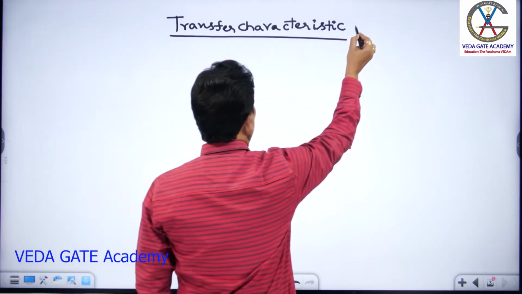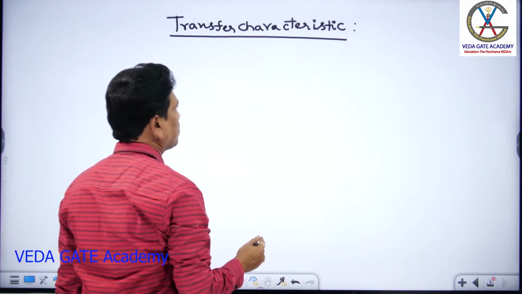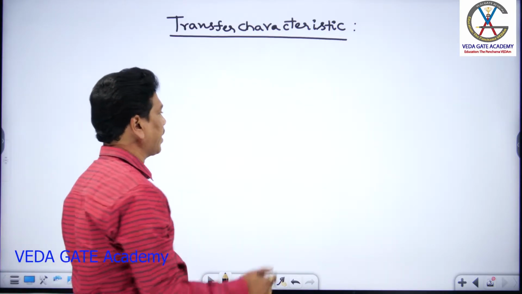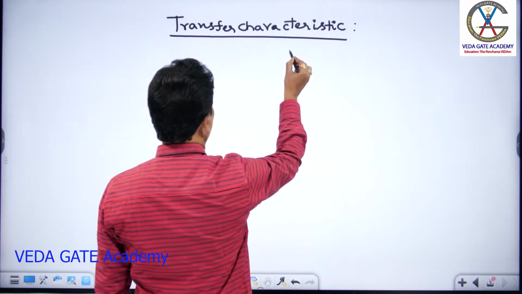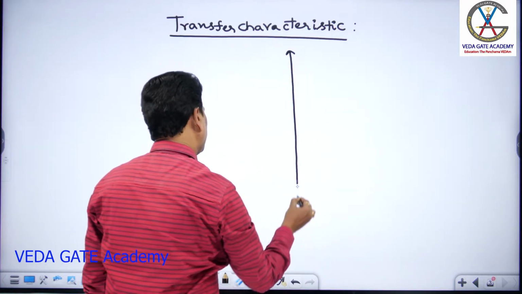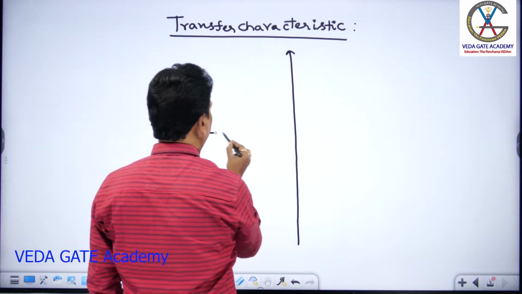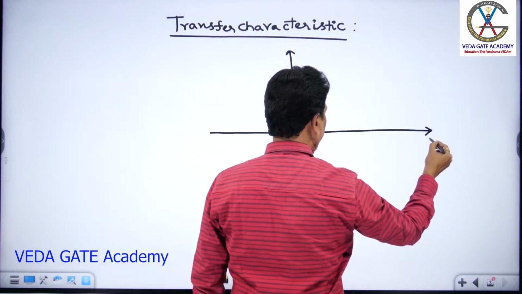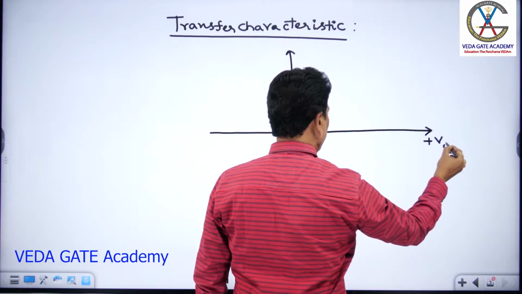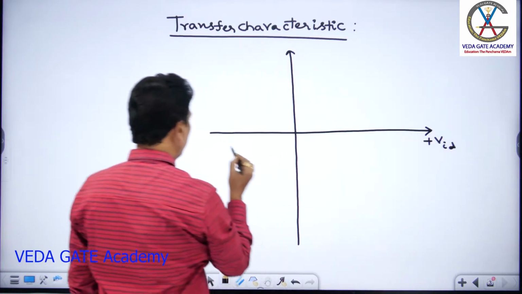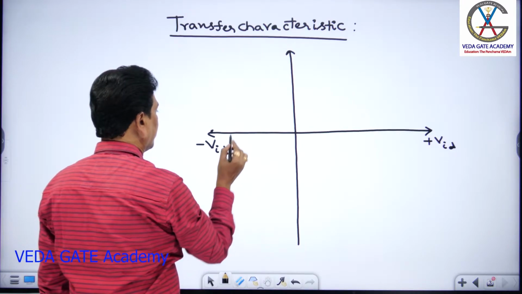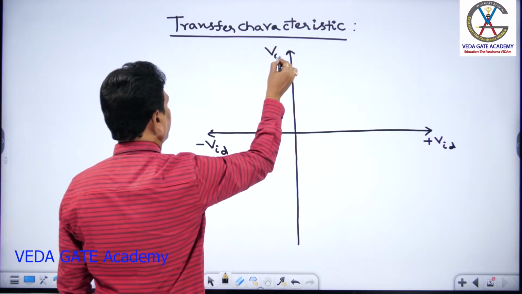The transfer characteristic is nothing but a graph drawn between the output versus the differential input voltage. So this is VID on the positive side, this is minus VID, and this is V0.